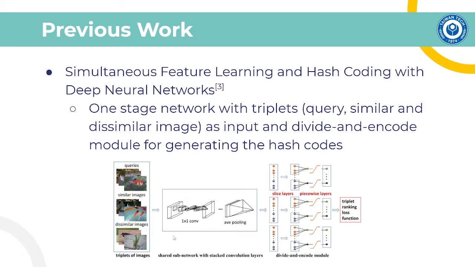These networks have shared convolutional neural layers, and from the features generated by this convolutional neural network, we use the divide-and-encode module to generate the hash code. Based on that hash code, we find the loss by using the triplet ranking loss function.